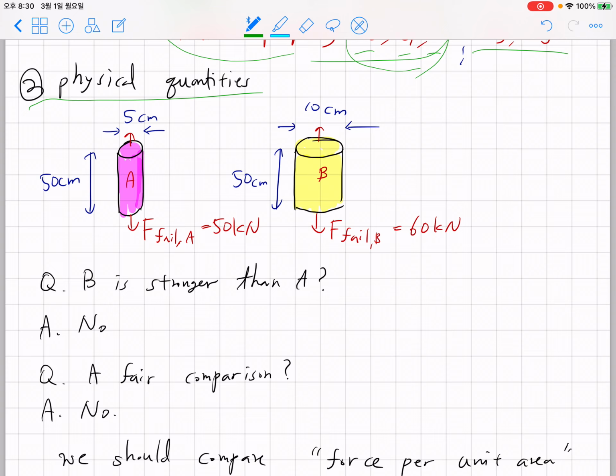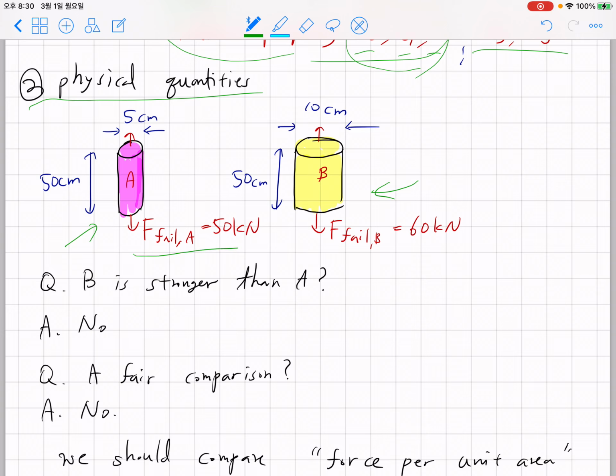Here we're gonna consider two examples. We have material A and material B, but their dimensions are different. Even though their length is the same, 50 centimeters, their diameters are different, 5 centimeters and 10 centimeters.